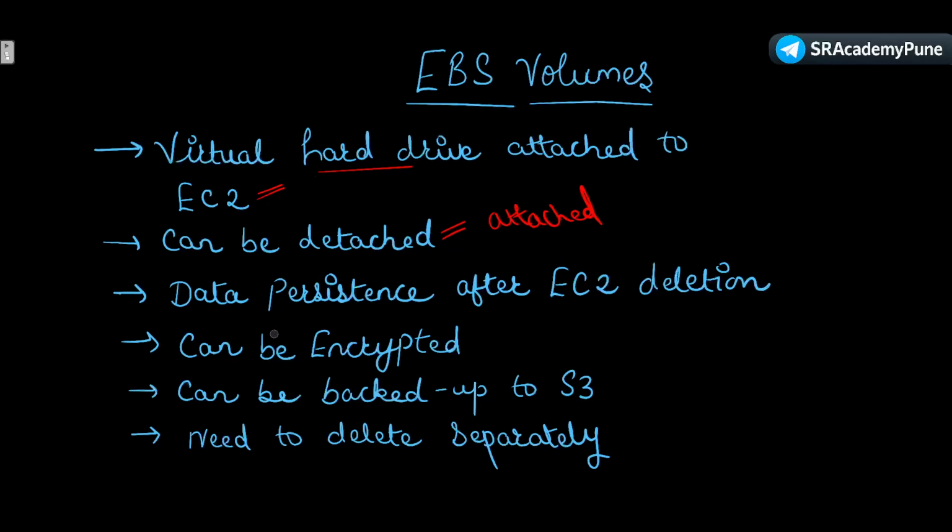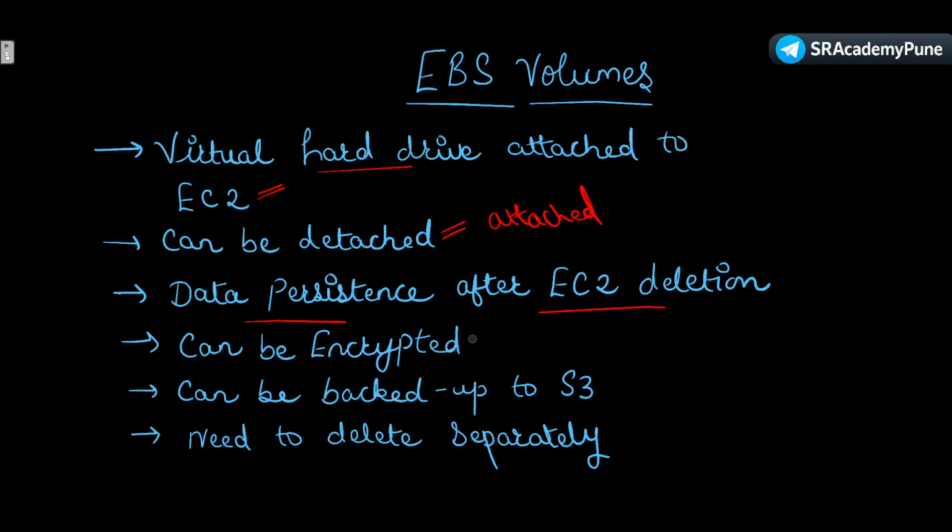The main purpose of using an EBS volume is data persistence after EC2 deletion. Let's say you create an EC2 instance and create certain data in it, or download certain files, and you feel that data needs to be persisted. That is the reason we use EBS volumes.